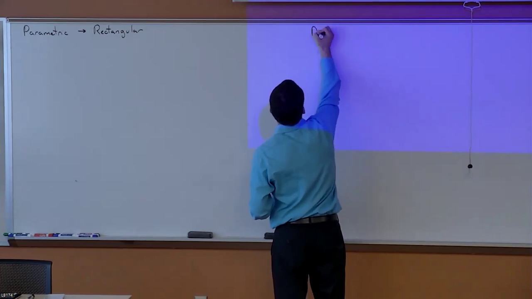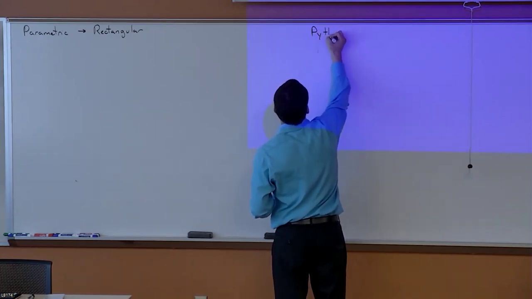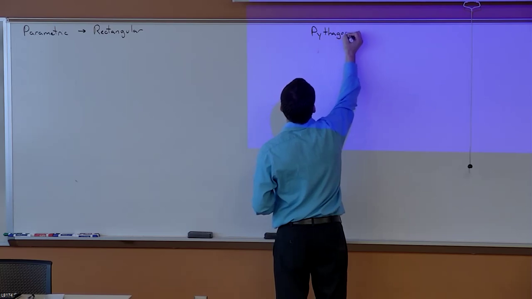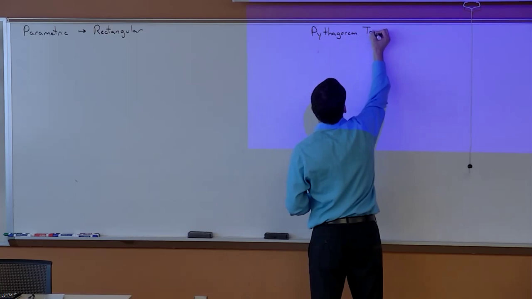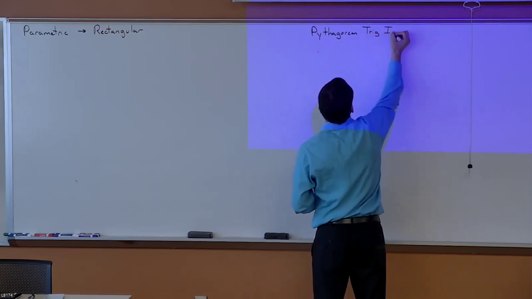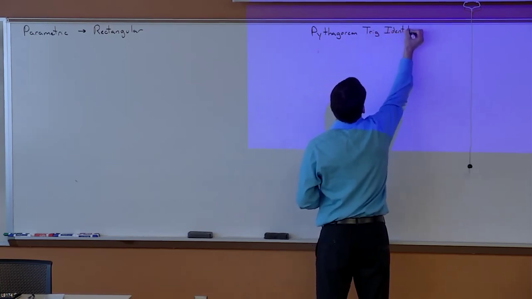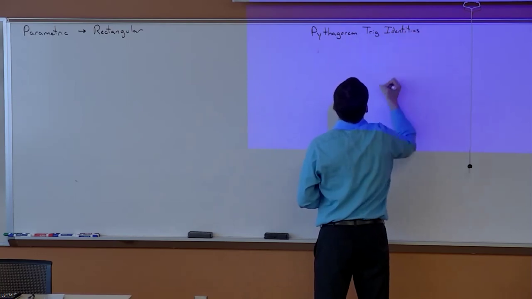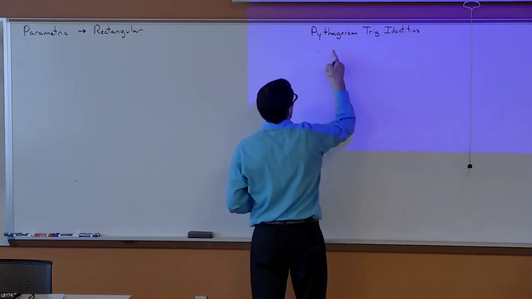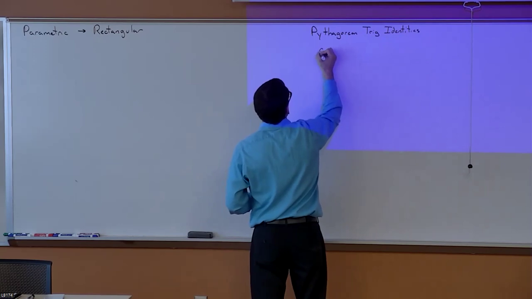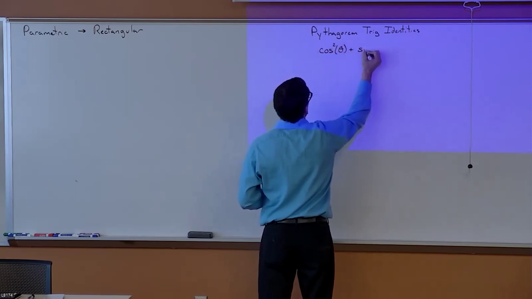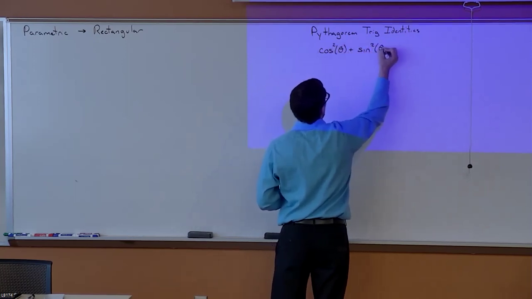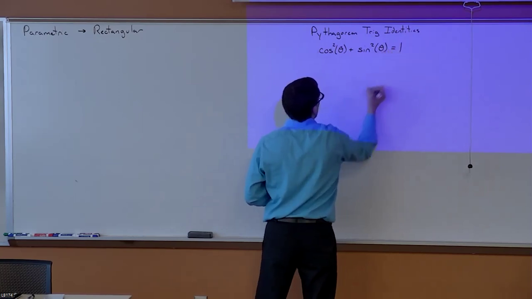So let me go through the Pythagorean trig identities. The first was that cosine squared plus sine squared is equal to 1.